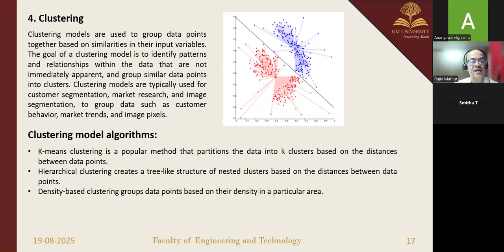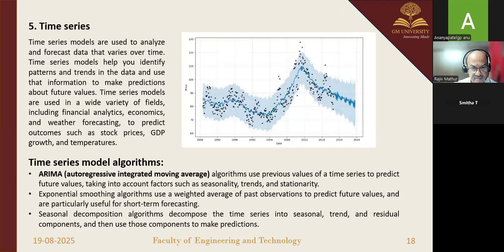Hierarchical clustering creates a tree-like structure of nested clusters based on the distances between data points. Density-based clustering groups data points based on their density in a particular area. I'll try to give you some examples to help you understand things better, but today we just go through the different types of predictive models.